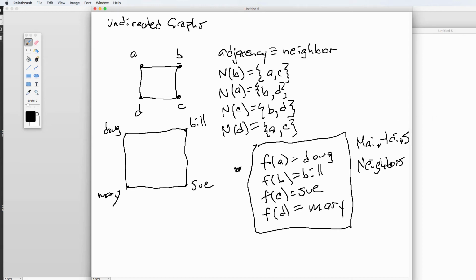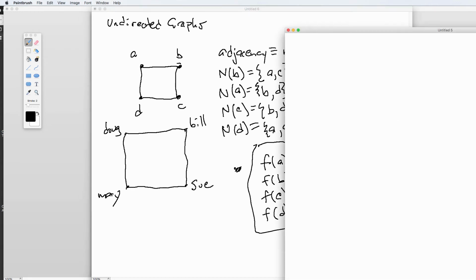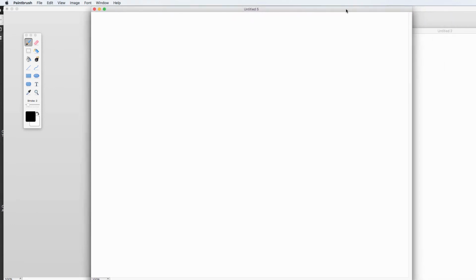Now let me give you another example where it may be a little bit less obvious. Suppose I came over here and I had a graph that looked like this. Okay.